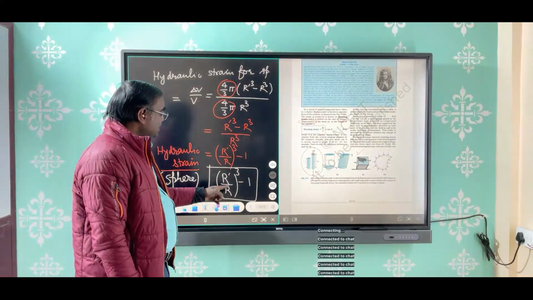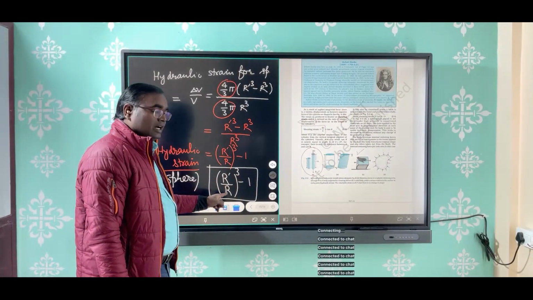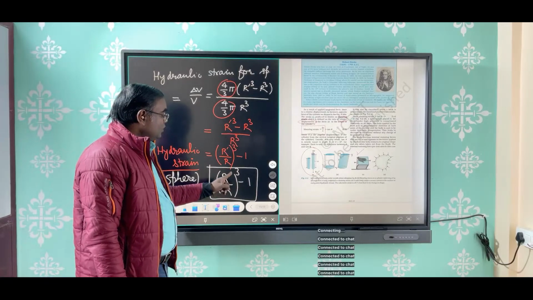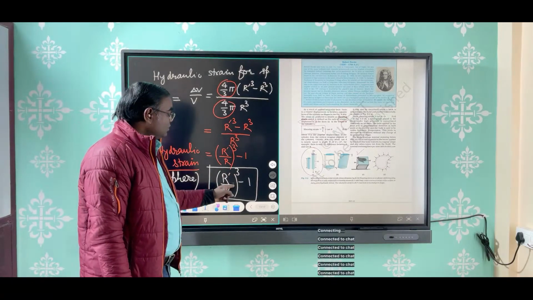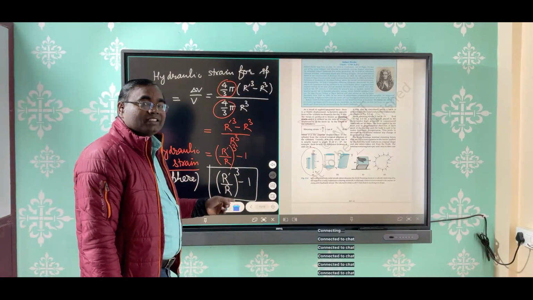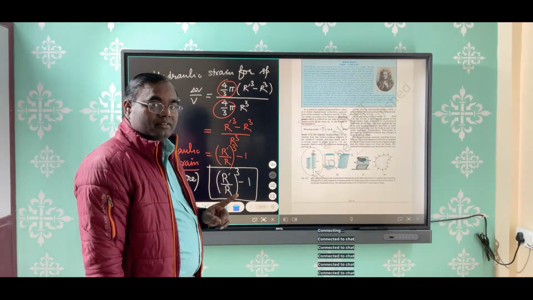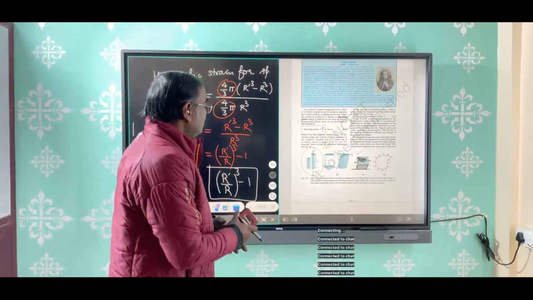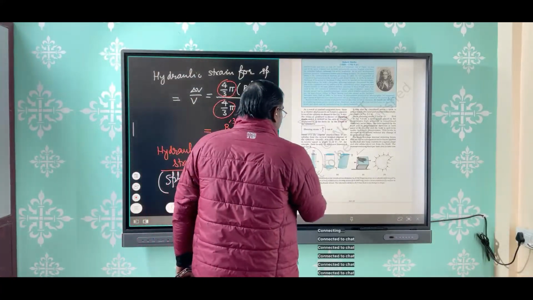So you can see here r prime is less than r. So this value is going to be less than 1. So definitely this total value will be negative. So hydraulic strain is negative, right? So let's proceed further.